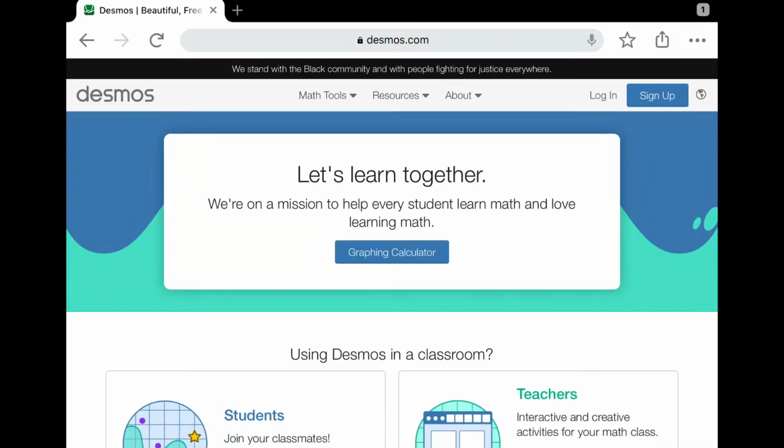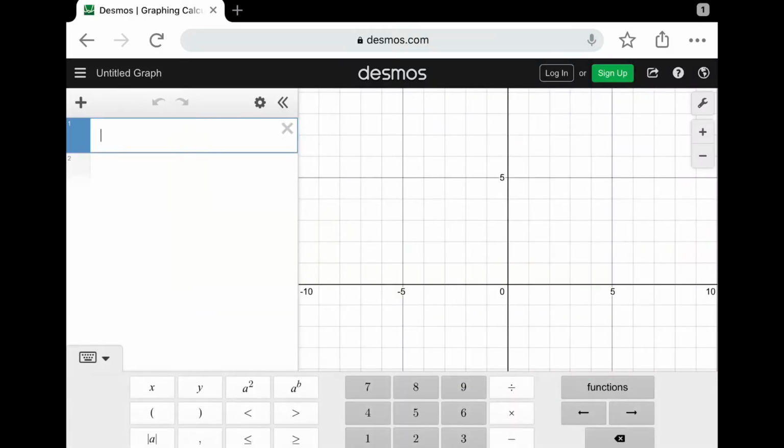Hit the first link that pops up and hit graphing calculator. Now you can use a physical graphing calculator to do the same thing. You can use some of the online calculators as well. But so you can see it easily through my iPad, I'm going to use Desmos for the video.